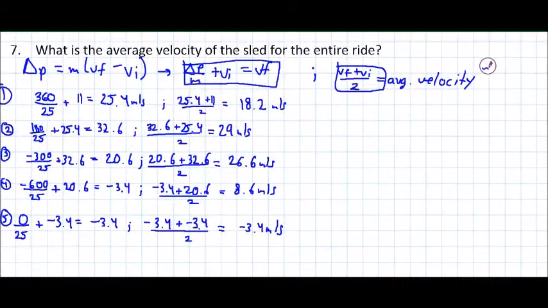Okay, now for each segment, I have found the average velocity. First, I began by finding the final velocity for each of them, while we have their initial velocity right here, using this equation, and then afterwards, I use the final velocity plus initial velocity divided by 2 to find the average velocity.